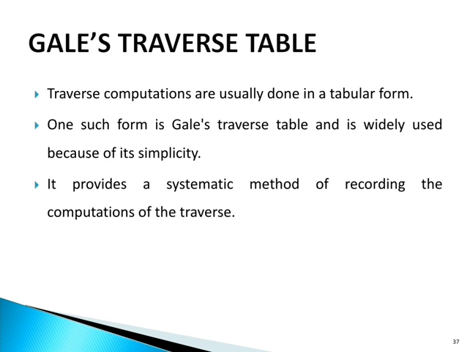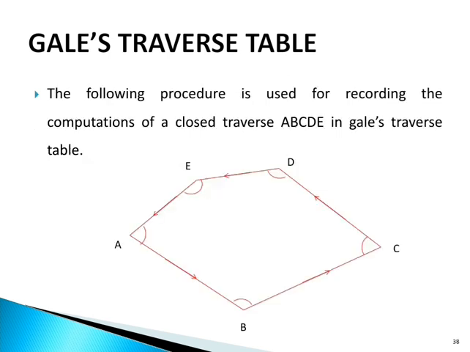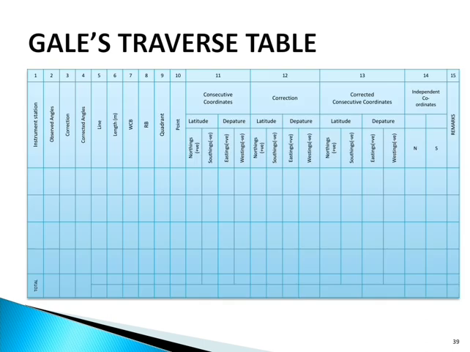It provides a systematic method of recording the computations of the traverse. Let us see here the closed traverse ABCD. We are going to see and understand the procedure used for recording the computation of closed traverse ABCD in Gale's traverse table.